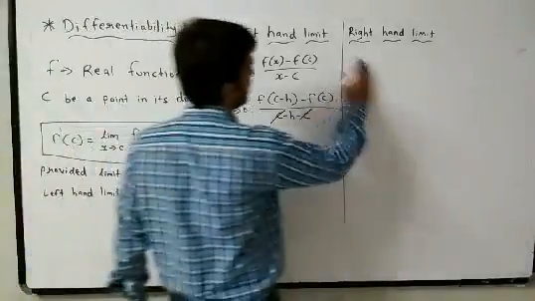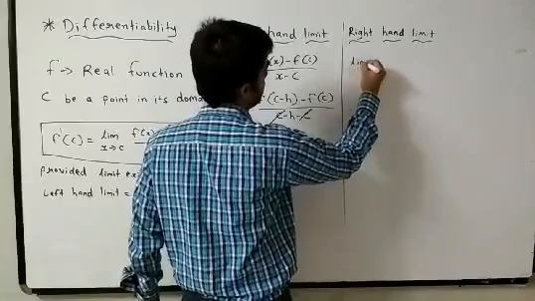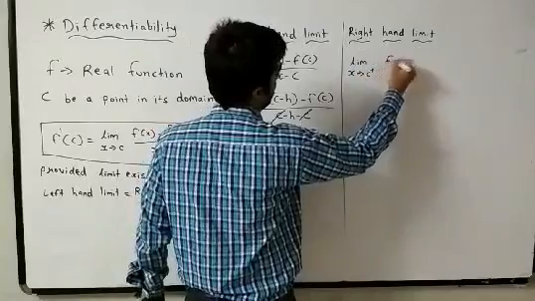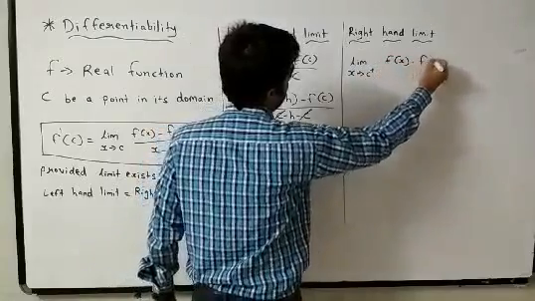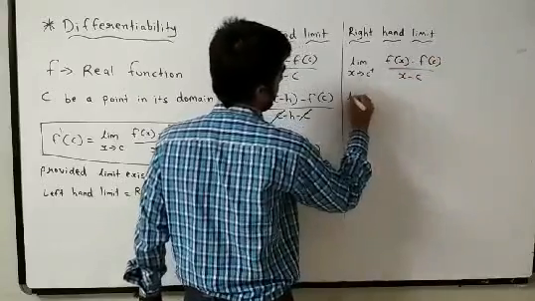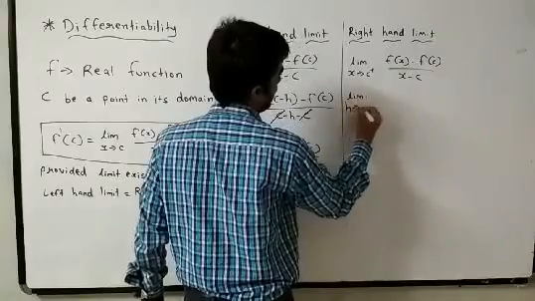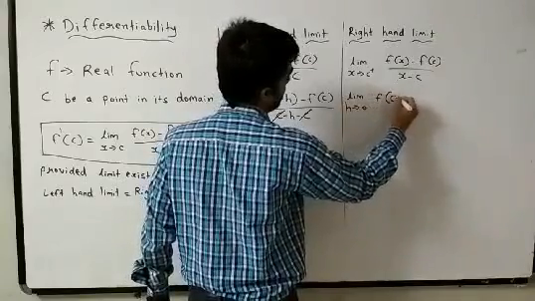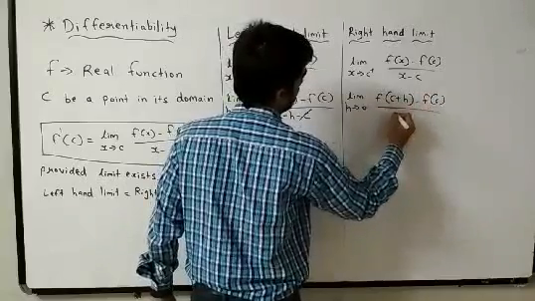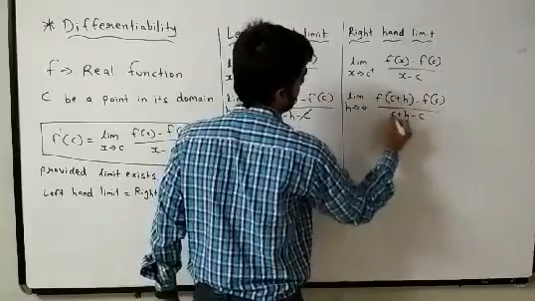So when we are taking x tends to c positive, then instead of x we have to take c plus h. f of c plus h minus f of c, c plus h minus c.